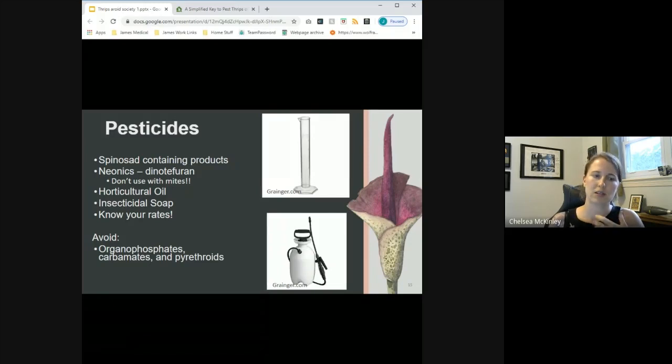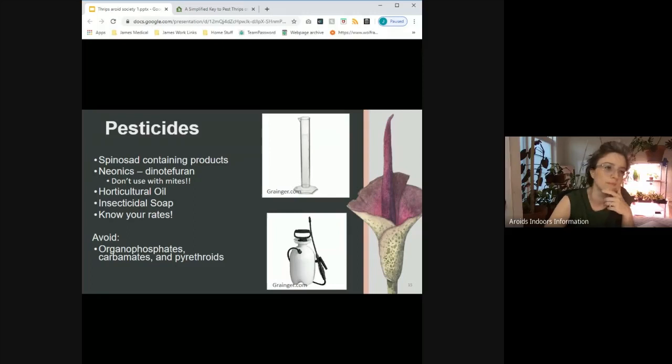So neonics can be used in combination with beneficial insects as long as you don't also have pollinators who might be feeding on flowers or something like that. Because the predaceous insects will be feeding on the insects, and the insects that are feeding on the plants will die. So, yeah.